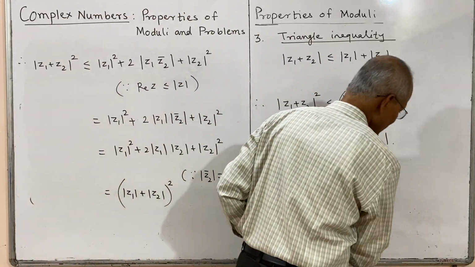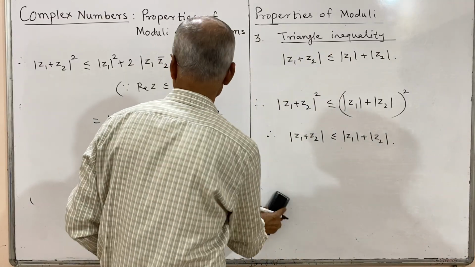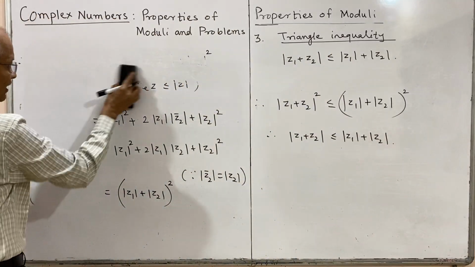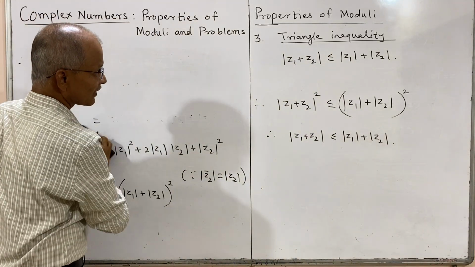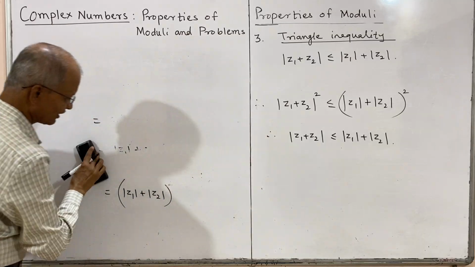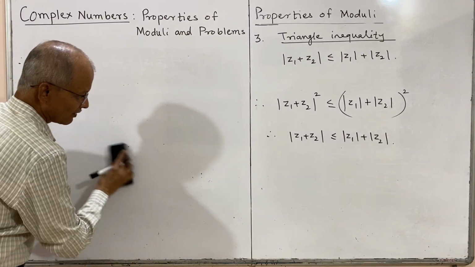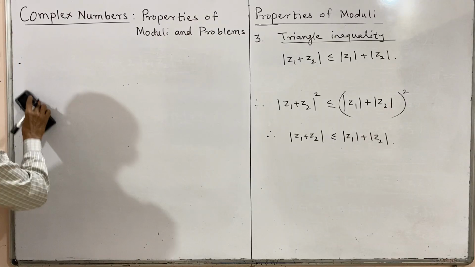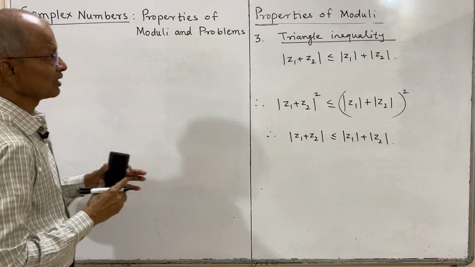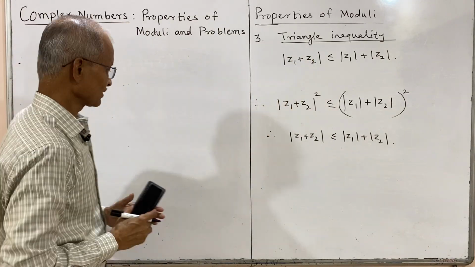Why is it known as the triangle inequality? Because we have seen earlier that mod of z1 represents the length of vector z1, and we have shown the sum of these two vectors also.